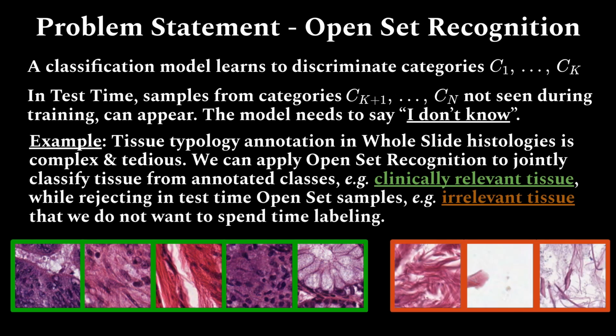Those are irrelevant tissue that you don't want to spend time labeling. Then you train your model, and you would like your model to say at test time, I don't know what this is, and reject it without ever having to train it to understand what those regions are.